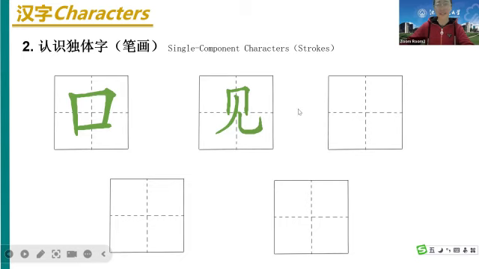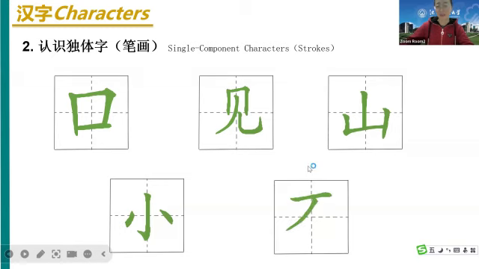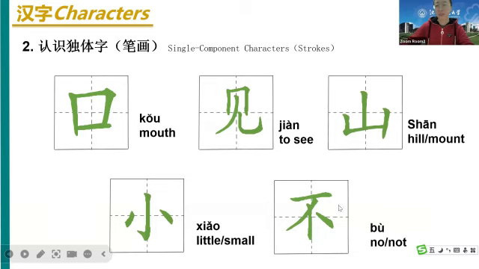But there are still some mistakes in your assignments. So let me show you the PPT, and please look at the flash and learn how to write the 5 Chinese characters. Please pay attention to the pinyin, especially the tones.